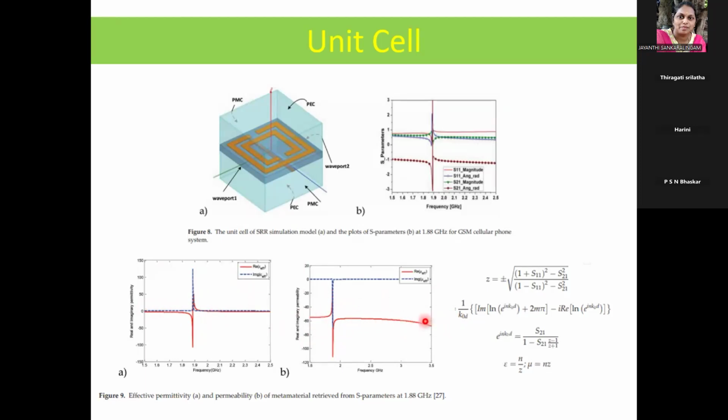So the region where epsilon and mu are both negative is what matters. That means if they are occurring at the same frequencies, only that region you have to consider. If they are occurring at 2 different frequencies, then it is not a double negative material. Both the negative values must occur at the same frequency. Then that region becomes the double negative region.